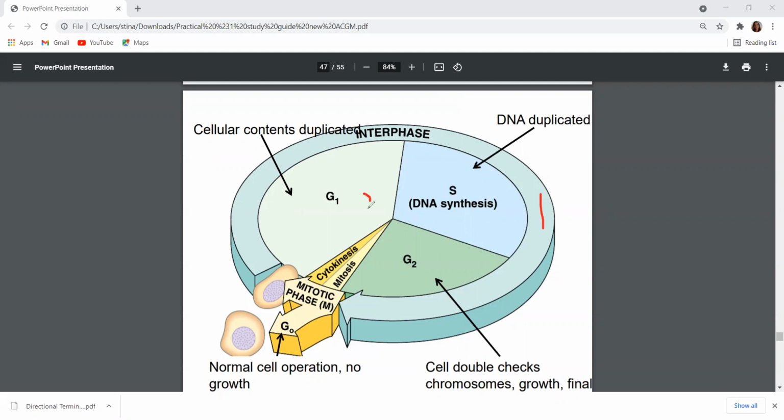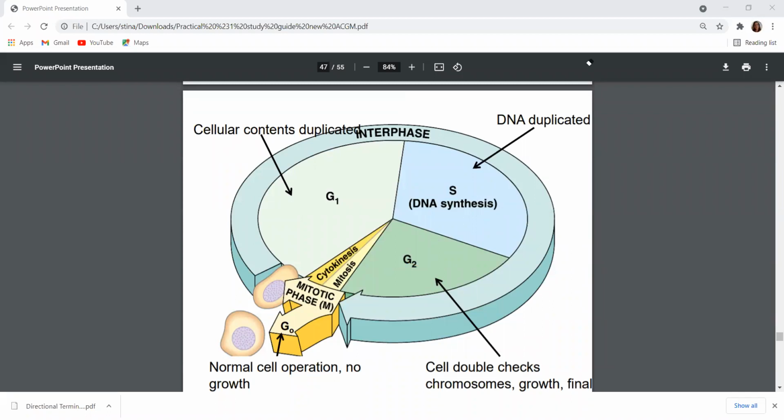If I put a number 2 here and ask you what phase, you're going to tell me G1. What phase is number 3? S phase. What phase is number 4? G2 phase.